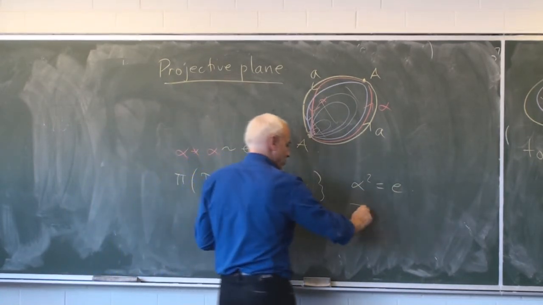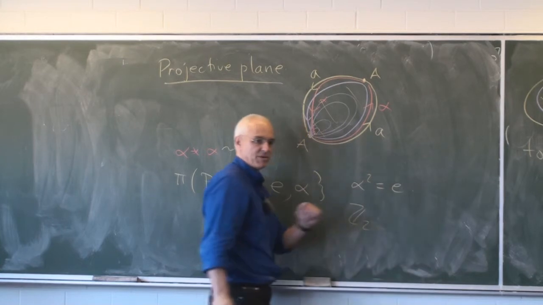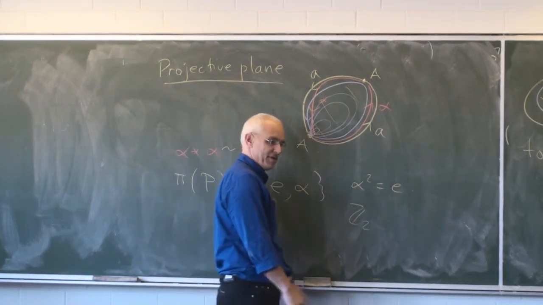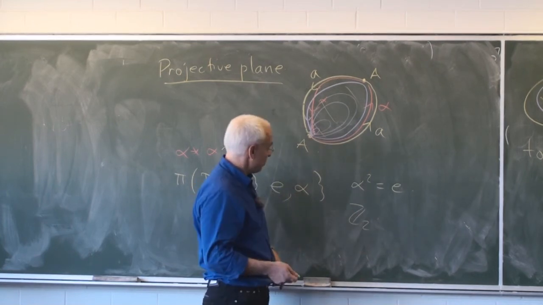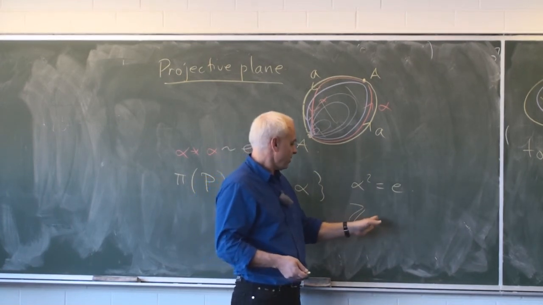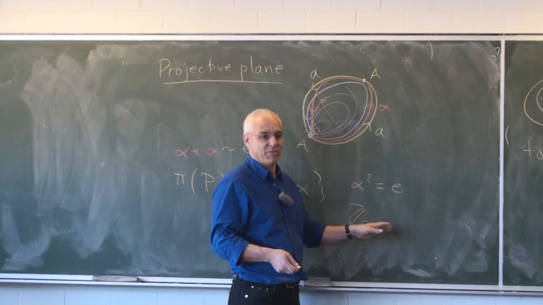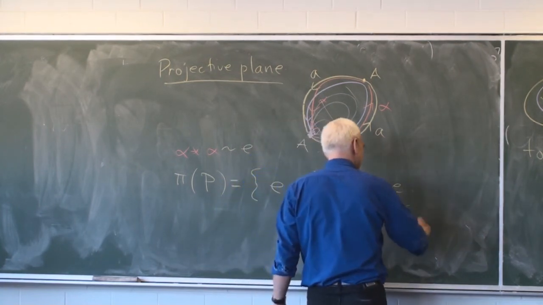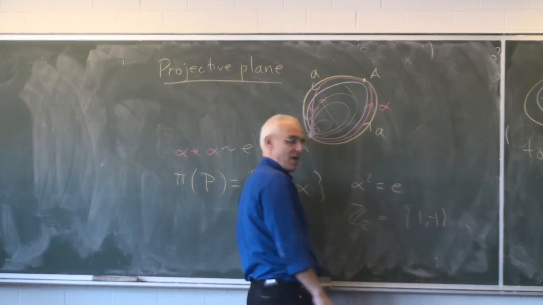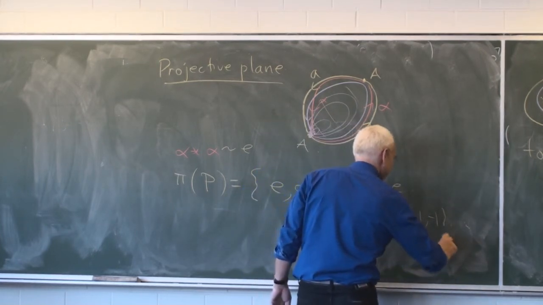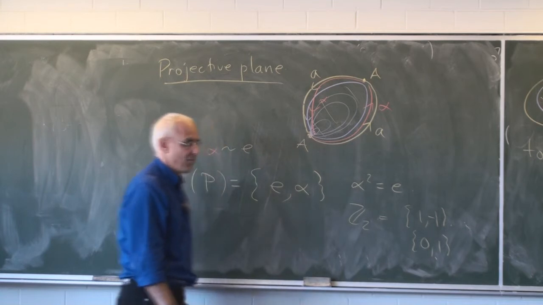So in terms of group theory, it's something called Z2. It's the same as the group 0, 1 mod 2, or 1, minus 1 multiplicatively, depending on how you like to think about things. A multiplicative group that way, or an additive group this way, mod 2.